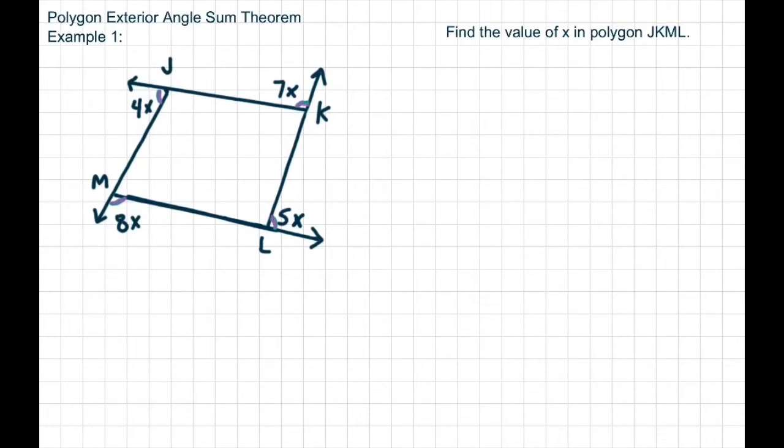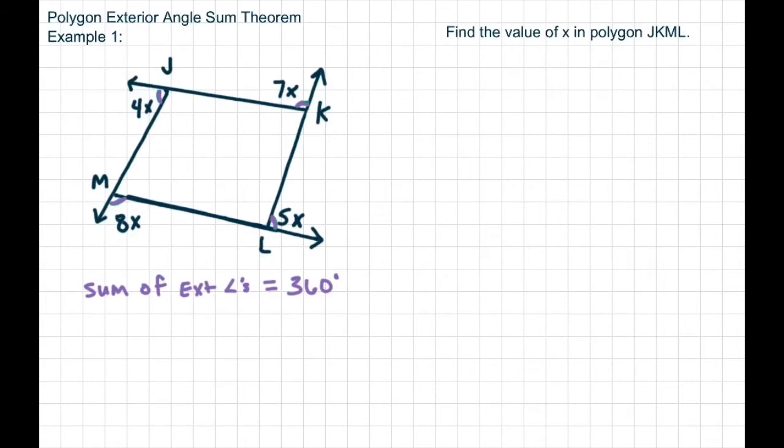The theorem is that in every polygon, the sum of exterior angles is always equal to 360 degrees. That means that when I add all of these together in J, K, M, L, they should all equal 360.